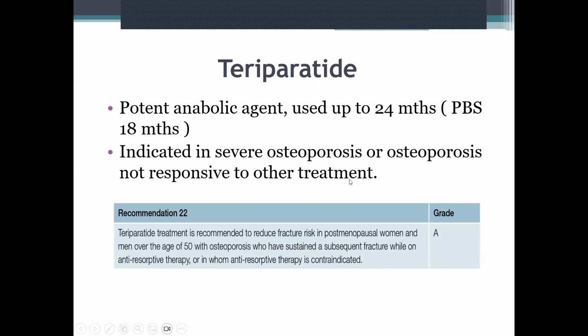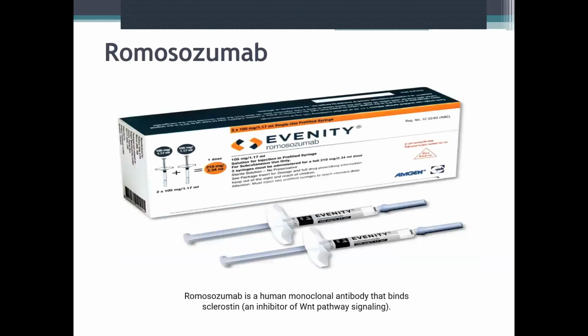It's indicated in severe osteoporosis or osteoporosis not responsive to other treatment. So if your patient, as the guidelines recommend to reduce fracture risk, has sustained multiple fractures on anti-resorptive therapy, your patients would at least have to be on anti-resorptive therapy, either denosumab or bisphosphonates, for at least 12 months before the PBS will reimburse it.